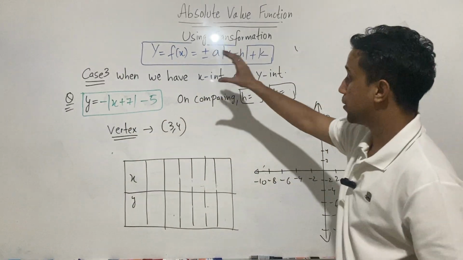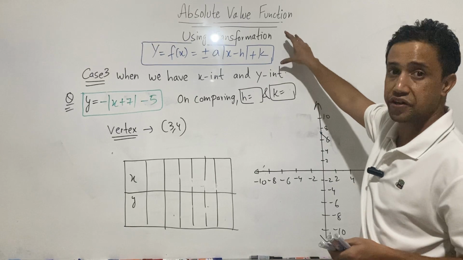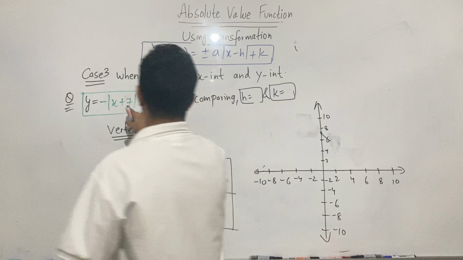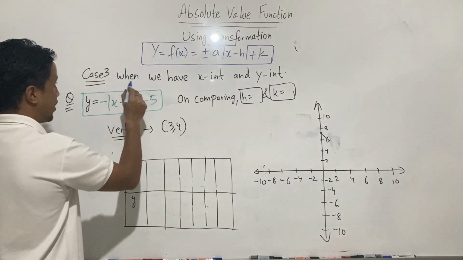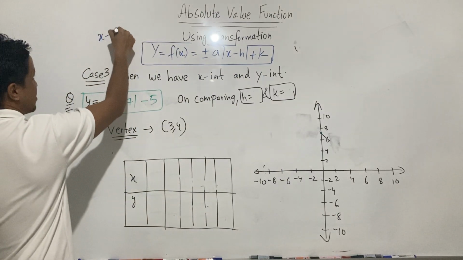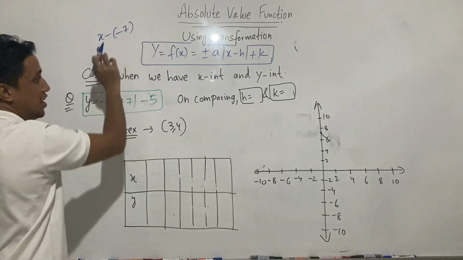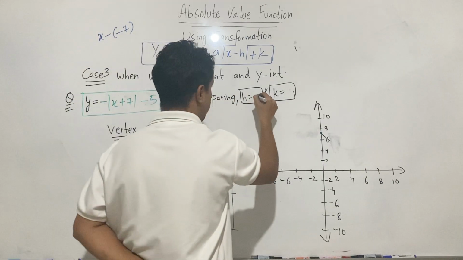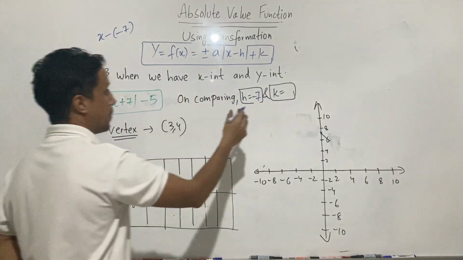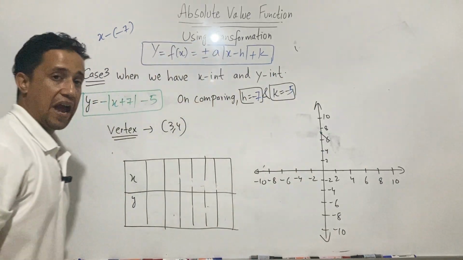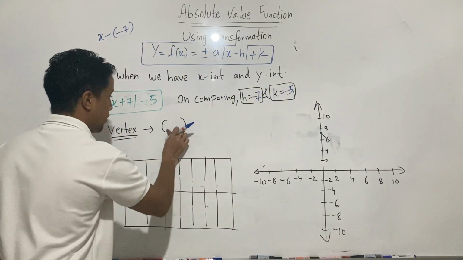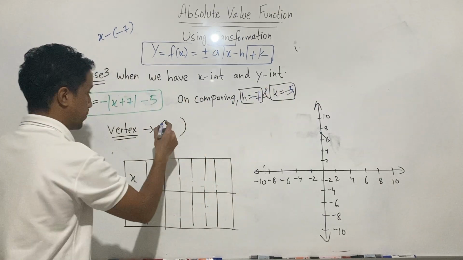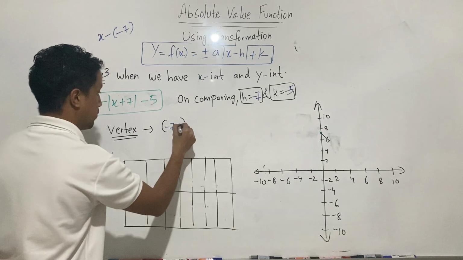If we compare this with the standard equation of transformation, this x plus 7 we can write as x minus negative of 7. So h will be minus 7 and k will be minus 5. When we write them in the form of an ordered pair, it will be minus 7, minus 5.